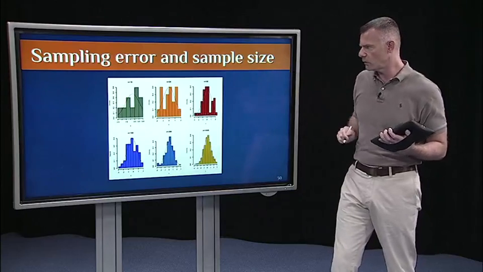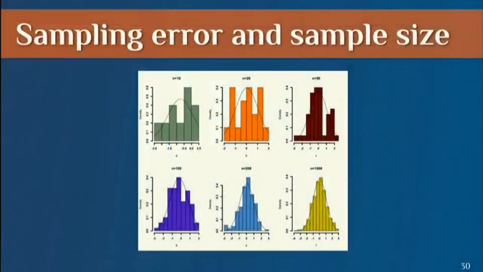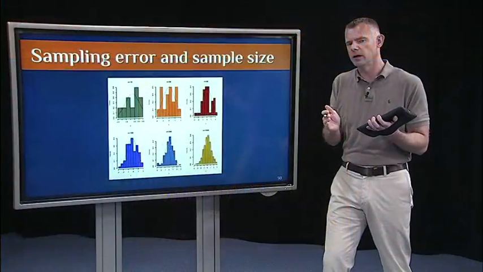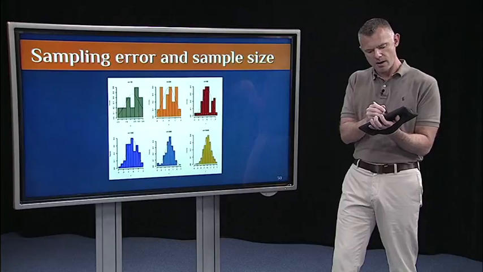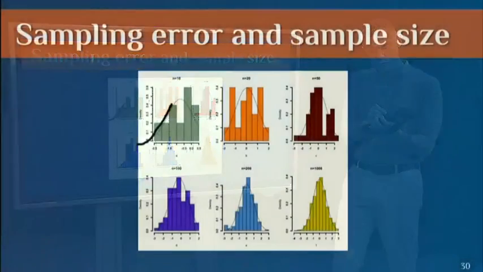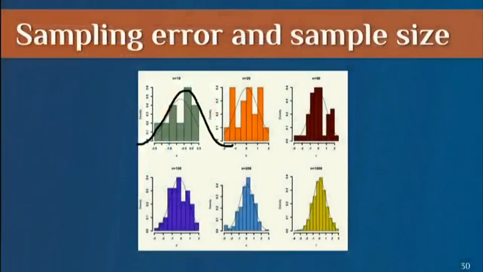So the first one on the upper left is sample size of 10, then 20, then 50, then 100, then 200, then 1,000. And the thing to notice in these different samples, and this is what we covered when we talked about the idea of sampling error and standard error, is this smooth function here, this normal distribution, when sample size is only 10, is much, much wider than the function when we have a really large sample, say 1,000.